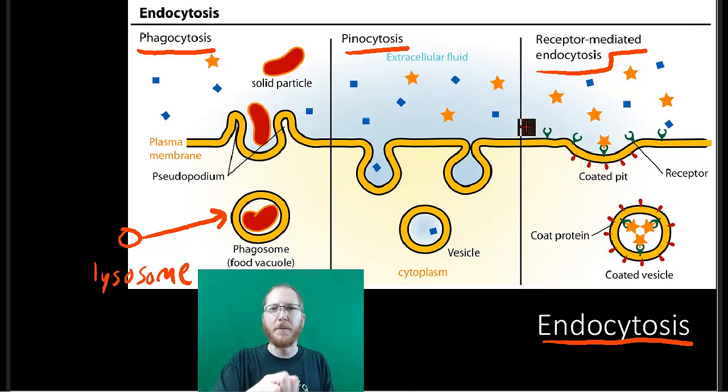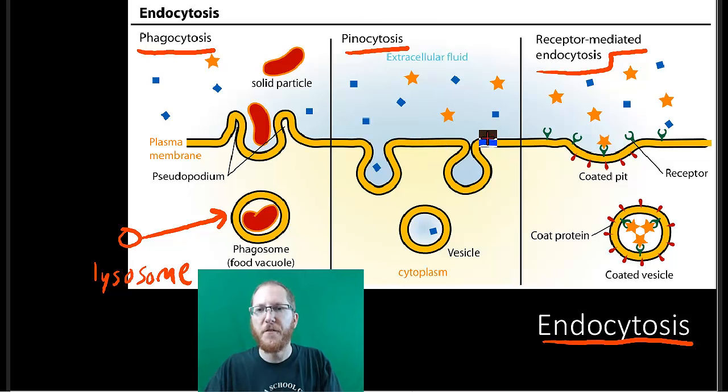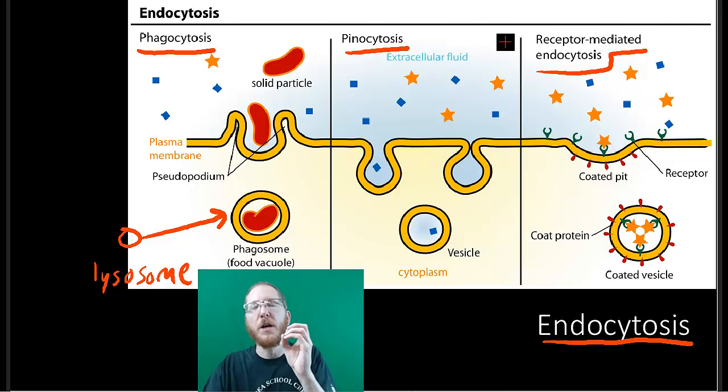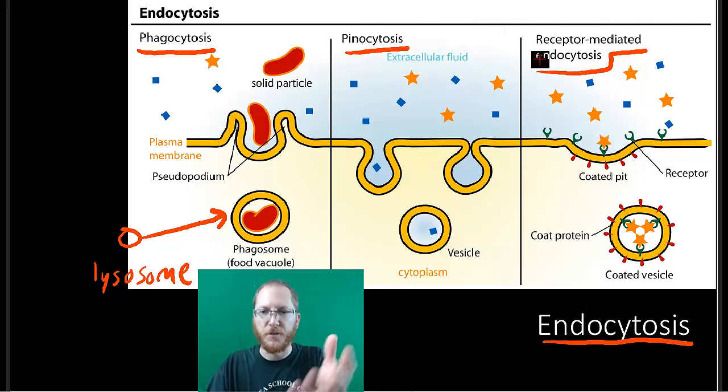Otherwise, if you just randomly grab, there's a good chance you're not going to get the molecule you need. You're just going to waste energy and use up a lot of membrane, bringing it in as a vesicle or a vacuole for no purpose. So this is a very specific, very targeted way of getting stuff into the cell, versus the more general ways with phagocytosis and pinocytosis, which are not nearly as targeted for actual molecules, for relatively smaller things. And so that's our third type.